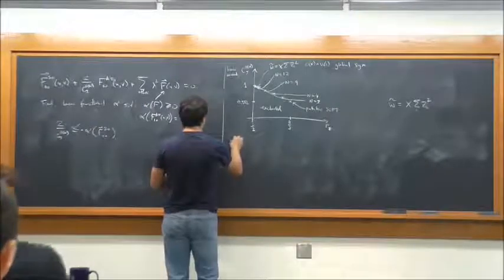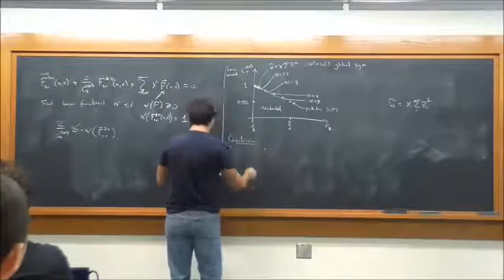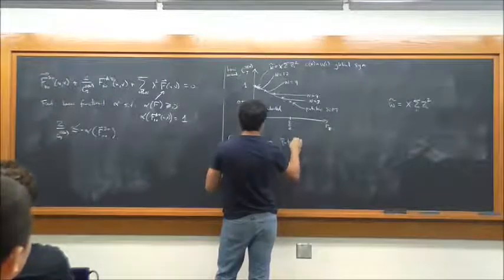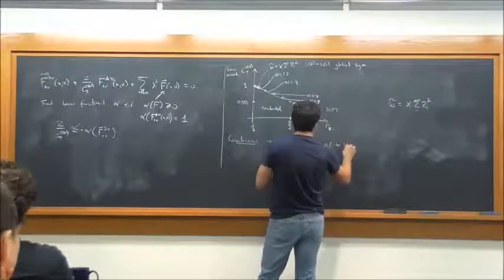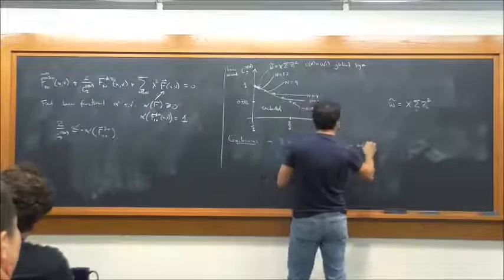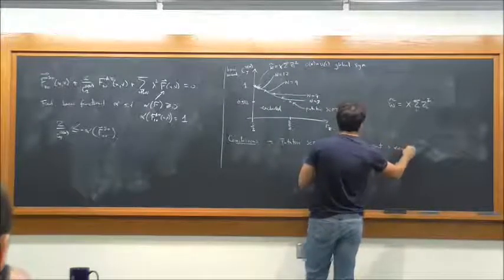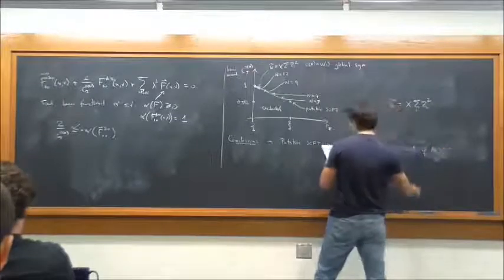Maybe I can just write some conclusions since it's getting late. So the putative SCFT with no symmetry enhancement is excluded if n is bigger than 2.